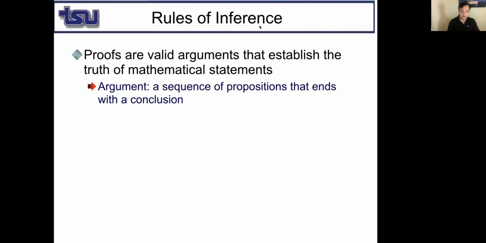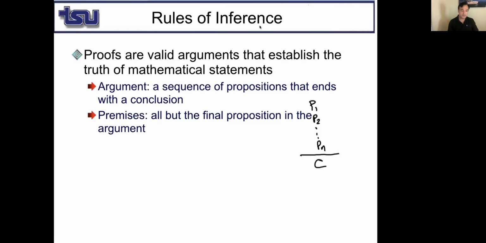Later I'm going to talk about statements, but right now let's stick with propositions. So I have a number of propositions, and that leads to a conclusion. An argument is a sequence of propositions that ends with a conclusion. All the propositions, P1 to Pn, except the conclusion, are called premises.